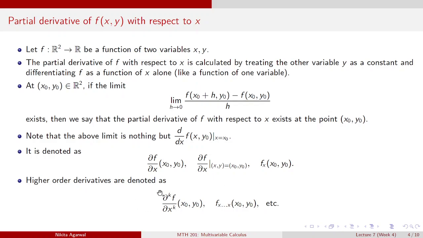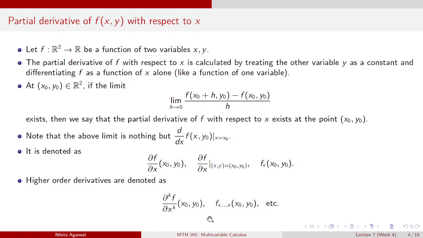And you can also talk about higher order derivatives where, like in one variable, how do you get the second derivative? You differentiate once and then you differentiate again. So similarly here you differentiate k times, meaning you compute the partial derivative with respect to x once, then twice, and k times. That will give you this answer. And you put this limit in the end.